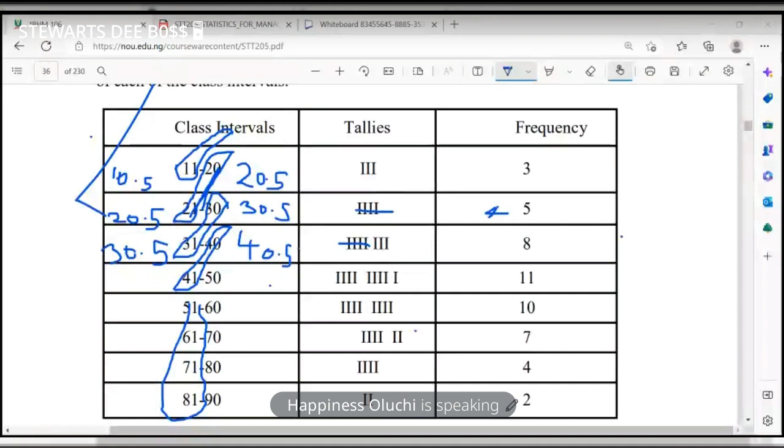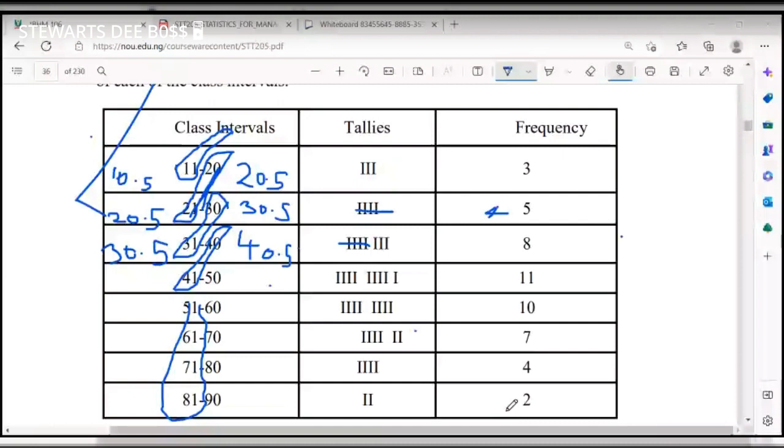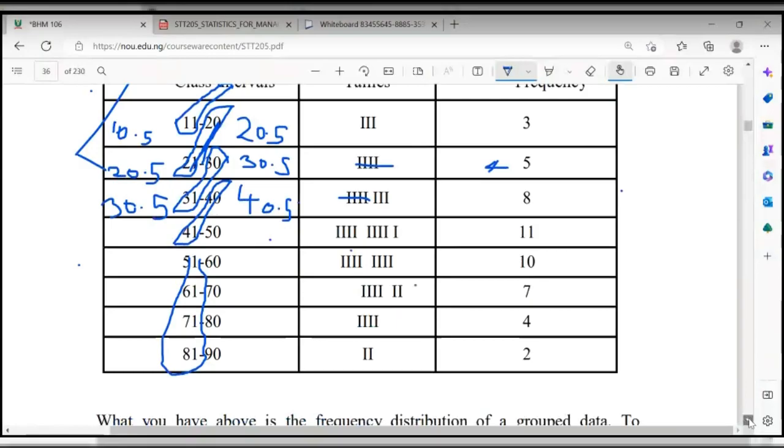Good evening, ma'am. Good evening, sir. The upper class limit is not clear yet. No, this one is class boundaries, not class limits. Okay, so that means this one is clear. The class limit is clear, but the other one you just explained now is not clear, please.